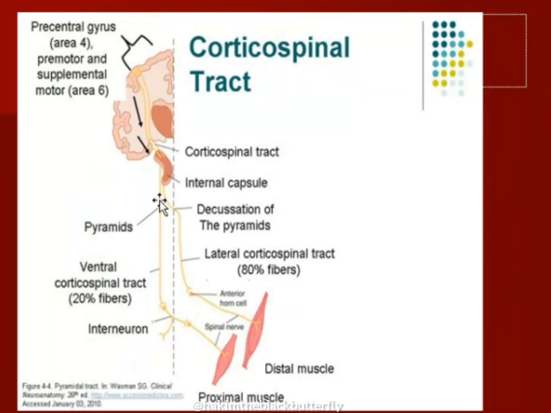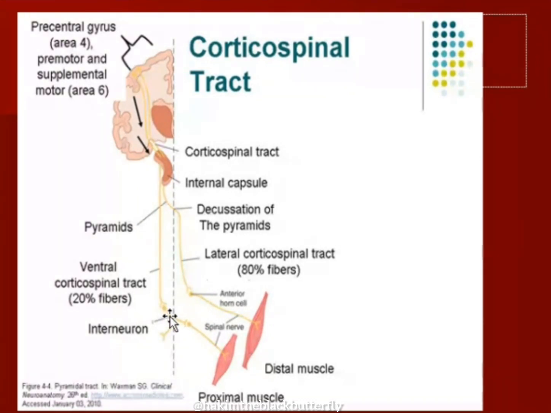So this anterior corticospinal tract, which does not decussate at the pyramids, when it reaches the spinal cord, is going to synapse with an interneuron. An interneuron is a small neuron connecting two neurons.